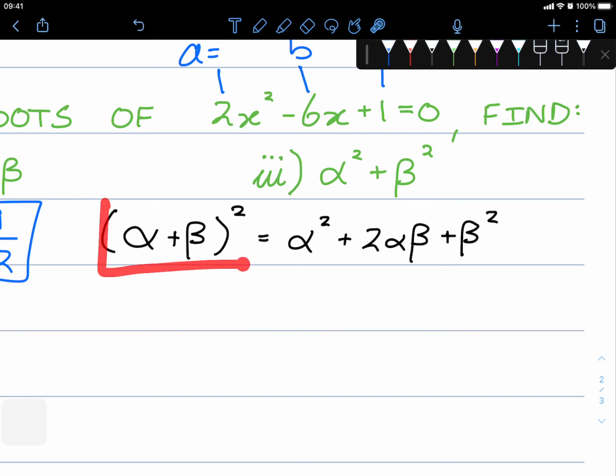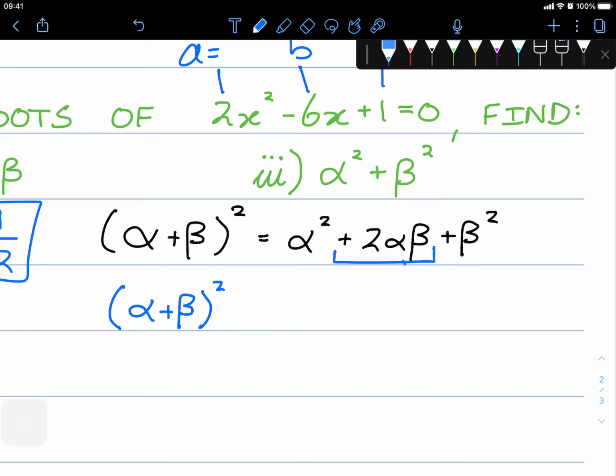Now, using this, I can rearrange this expression to become alpha plus beta all squared. And I'm going to move this to the other side of this expression. It's going to become minus 2 alpha beta equals alpha squared plus beta squared.